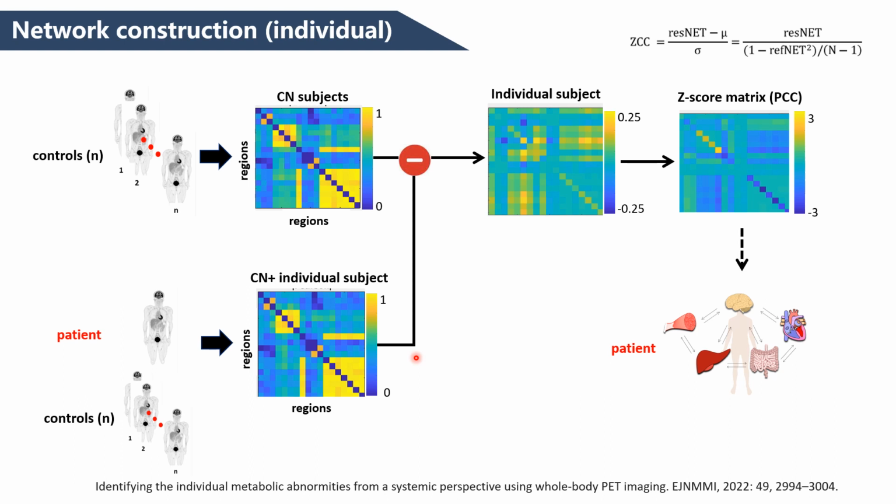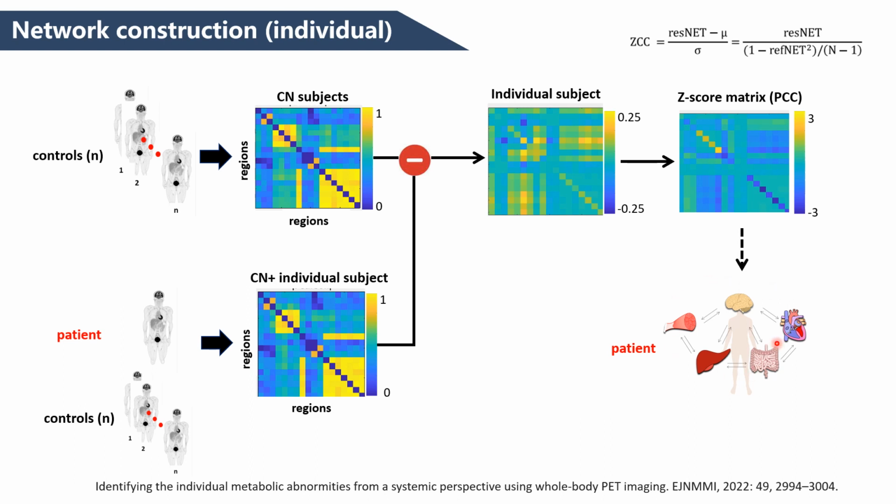This allows us to subtract the two group-level connectivity matrices and obtain the difference matrix that represents the individual subject's abnormality. Then we can compute and visualize the z-score for each matrix element. This map essentially describes the degree of metabolic abnormality at the whole-body level.